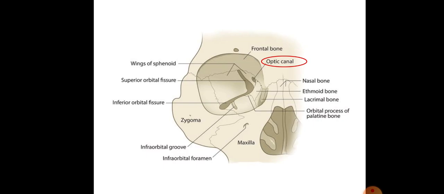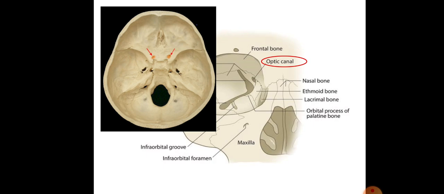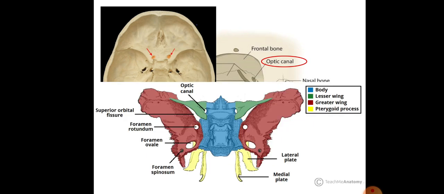Optic canal. The optic canal transmits the optic nerve. This forms a way of communication between the orbital cavity and the anterior cranial fossa. This is a picture of the sphenoid bone with the lesser wing and greater wing. The space between them is the superior orbital fissure. You can see the optic canal emerging just above that.